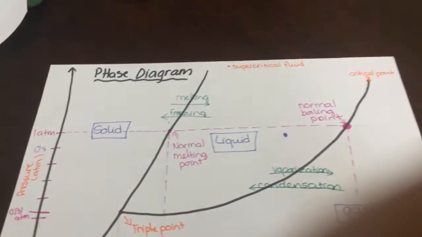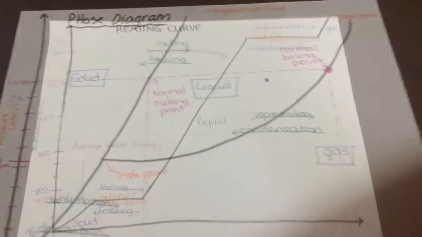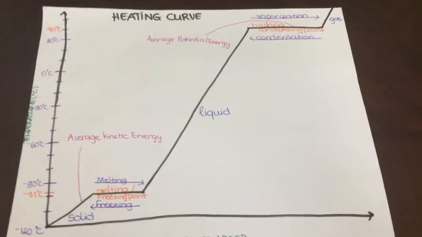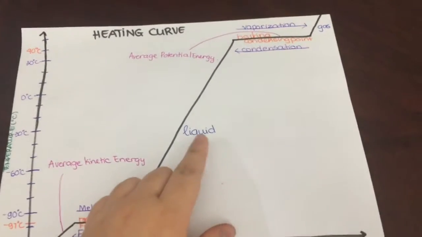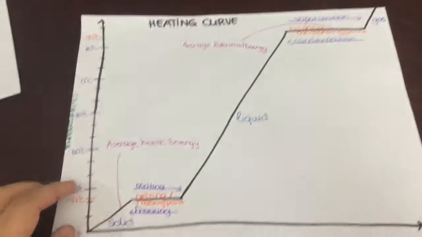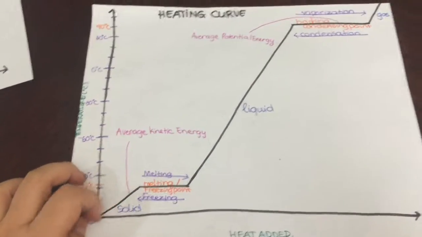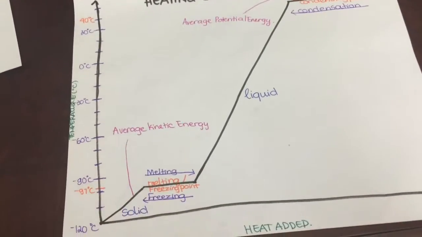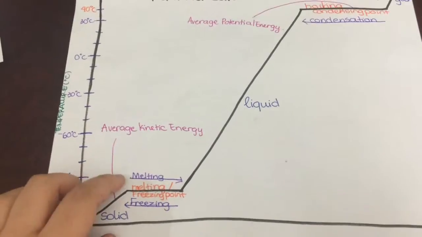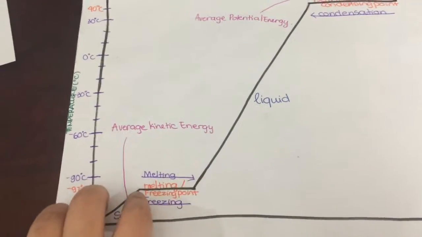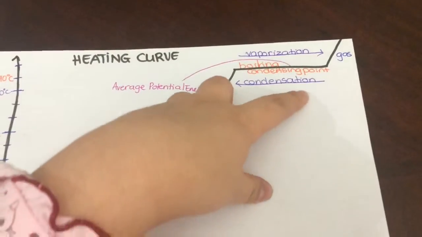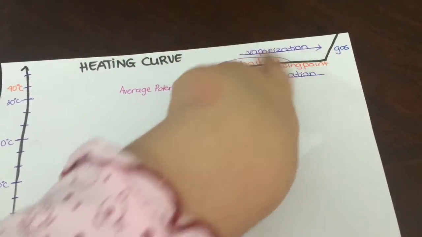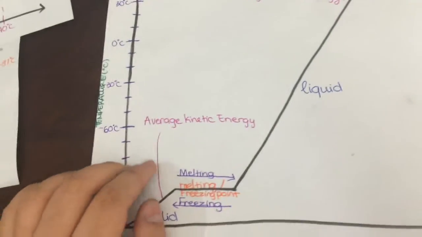So let's talk about the heating curve. Moving on to the heating curve of dichloromethane. This is the solid phase, liquid phase, gas phase. This is the average kinetic energy, and this is the average potential energy. So from solid to liquid is melting, liquid to solid is freezing, condensation is from gas to liquid, vaporization is from liquid to gas, same as the phase diagram.